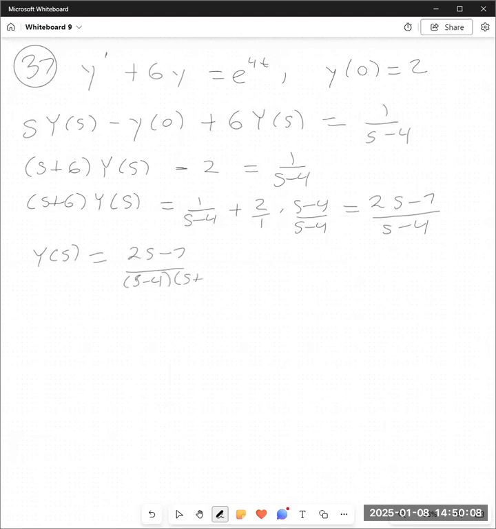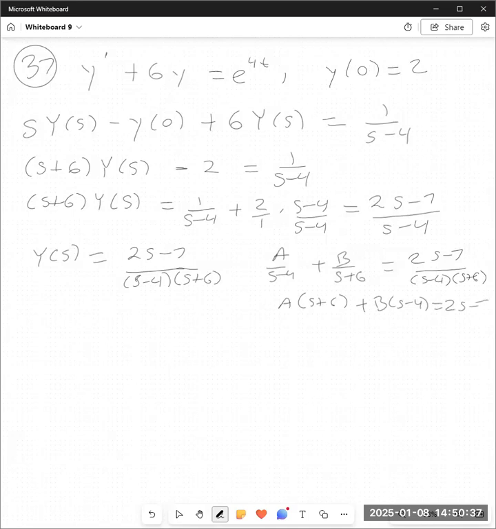times s plus 6. A over s minus 4 plus B over s plus 6 is equal to 2s minus 7 over s minus 4 times s plus 6. A times s plus 6 plus B times s minus 4 is equal to 2s minus 7.